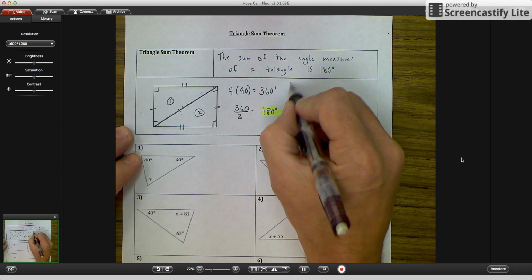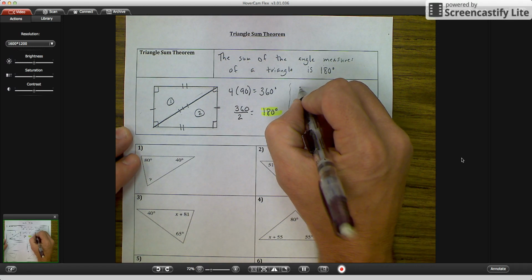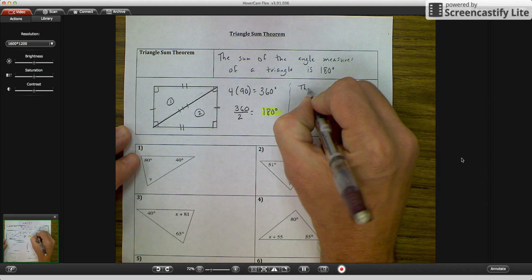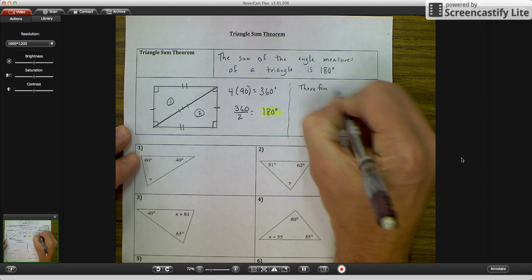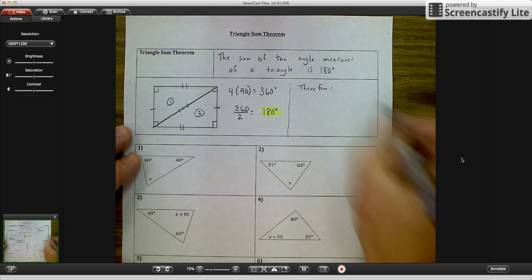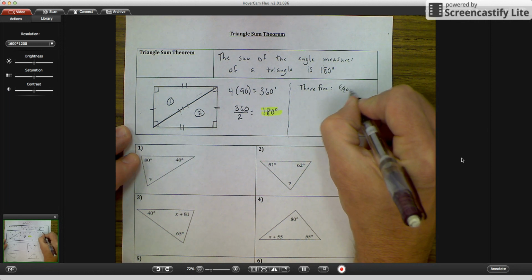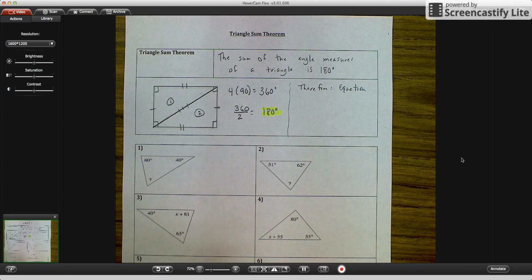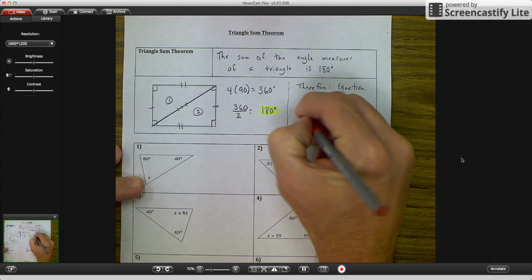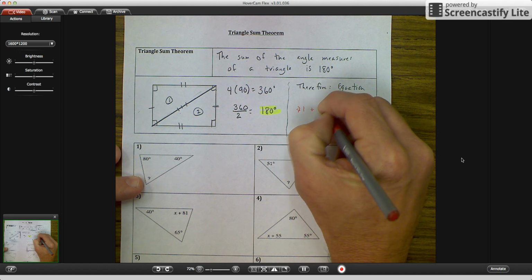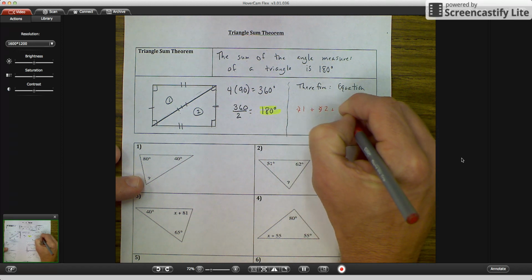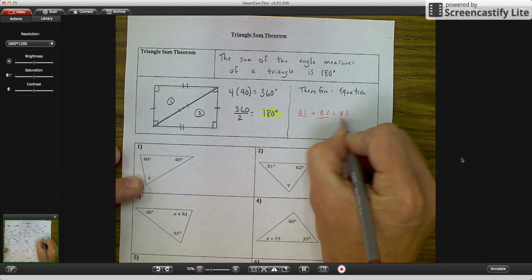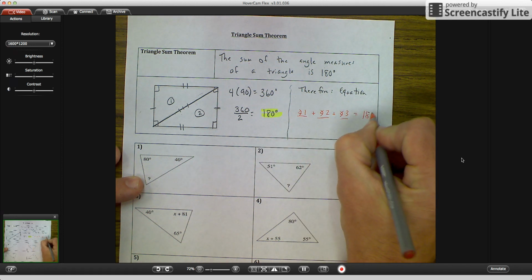Okay, so I'm going to draw a little line here, and I'm going to say in geometry, we always want to use an equation. Therefore, our equation is always going to be angle 1 plus angle 2 plus angle 3, because we have 3 different angles in the triangle, is going to equal 180 degrees.